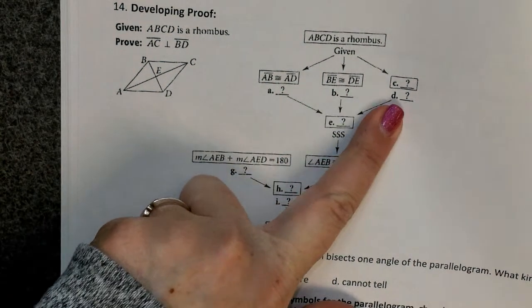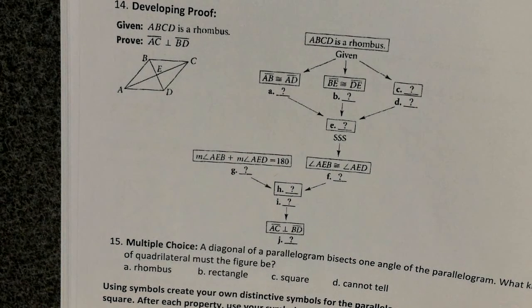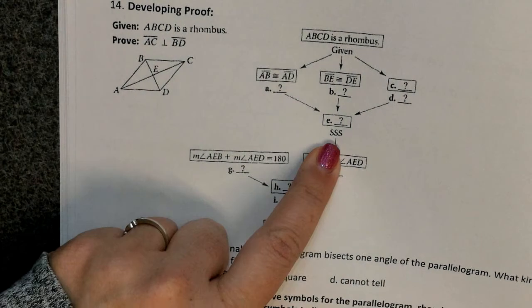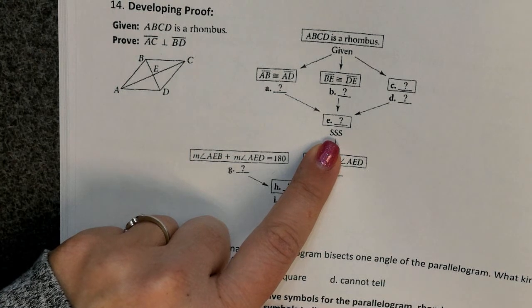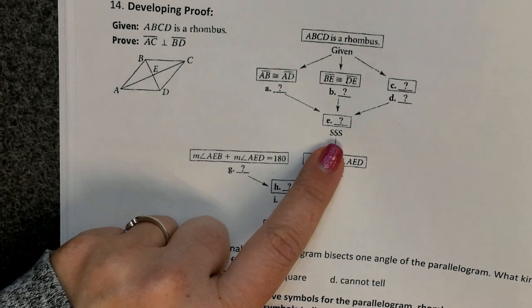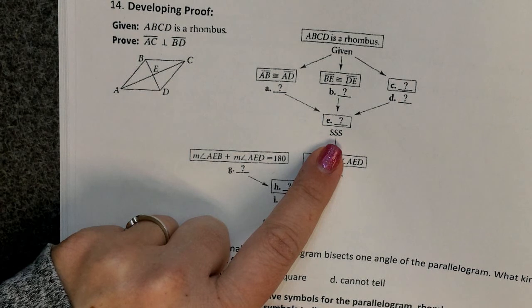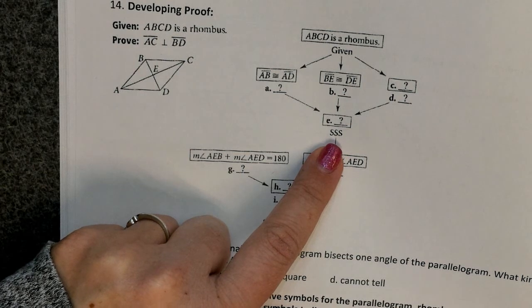Okay, see if you can come up with one more reason, and then you're proving using something with side, side, side. What does side, side, side prove? What do we use side, side, side for? To prove two triangles congruent.